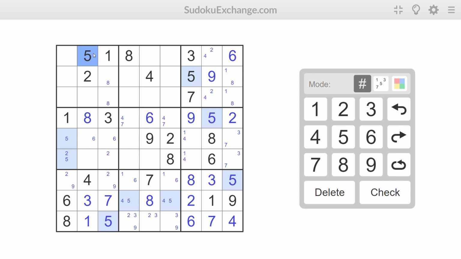A 5 here, a 5 here, so only these three cells can have a 5. Only either of these cells can have a 5 because we already have a 4-7 pair here.